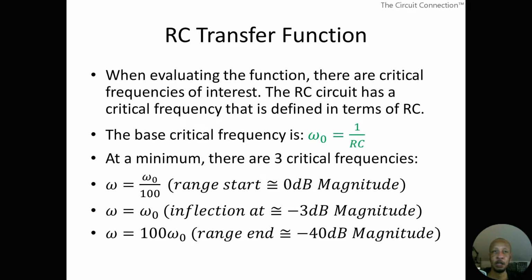And again, W0 is going to be equal to 1 over RC. So if your circuit has different values of RC than somebody else's RC circuit, then your W0 is going to be different from their W0. And that's going to, in turn, impact your starting range, your inflection point, and your range end.